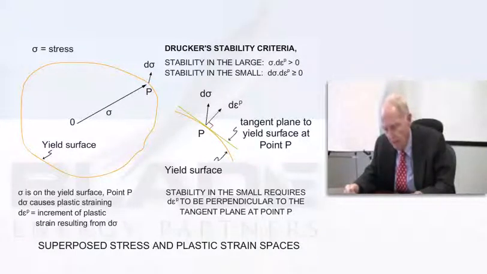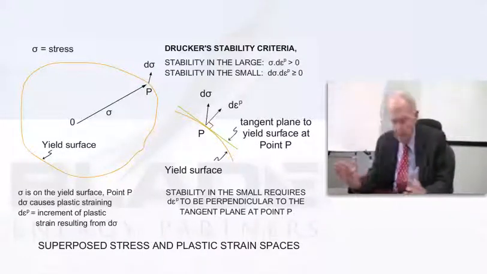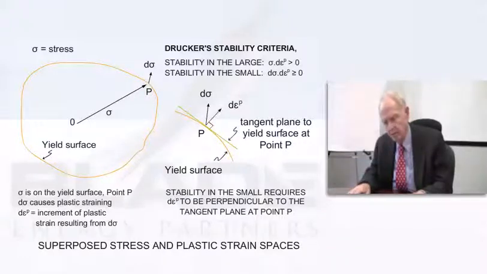There are many materials where you can show that the upper and lower bounds work, but the danger there, and it's not a big danger, but it's something you have to be aware of, is that if you go to apply this to a soil or rocks, you want to make sure that you're meeting Drucker's stability criterion, or you want to develop a theory that will accommodate the unstable material.